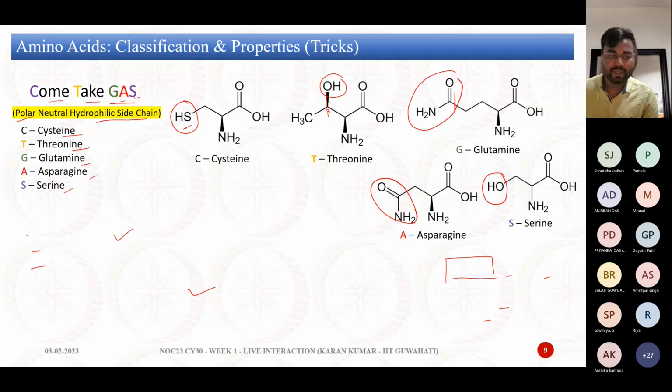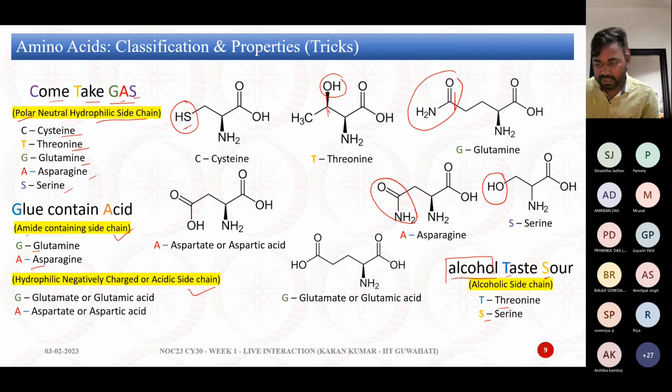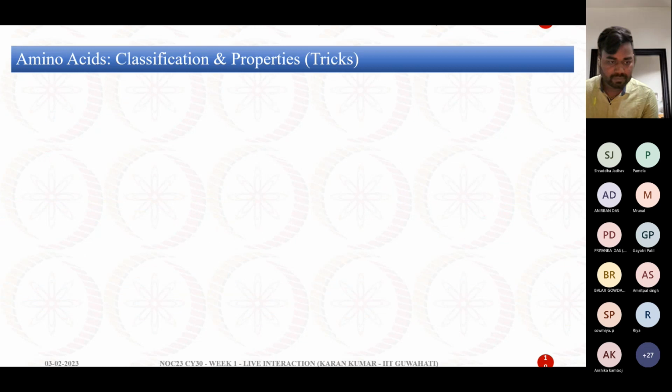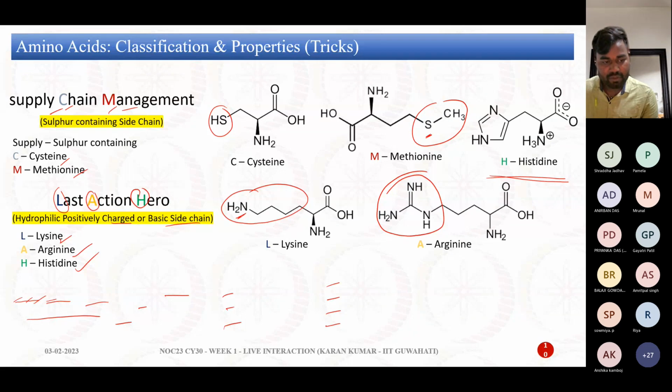Another is "come take gas" for remembering polar neutral hydrophilic side chains. "Blue contain acid" is for amide-containing side chains and hydrophilic negatively charged, or acidic, side chains. "Alcohol taste sour" is to remember alcoholic side chains. Then "supply chain management" represents sulfur-containing side chains. Last, "action hero" is to remember hydrophilic positively charged, or basic, side chains.